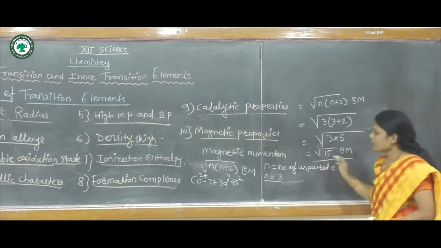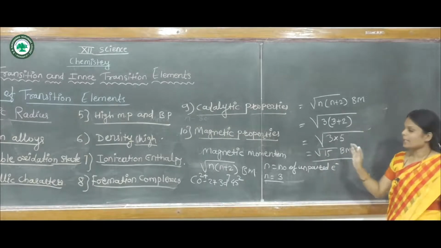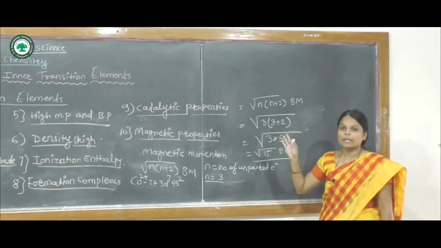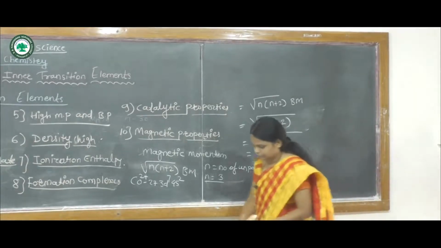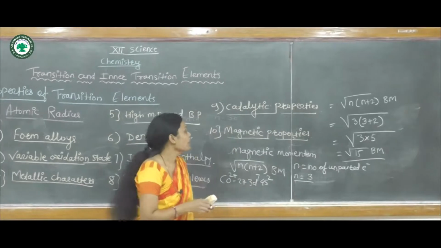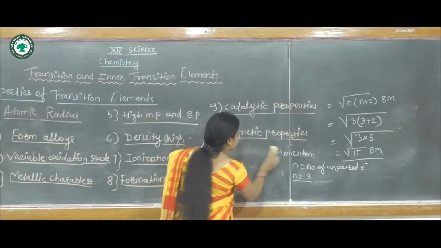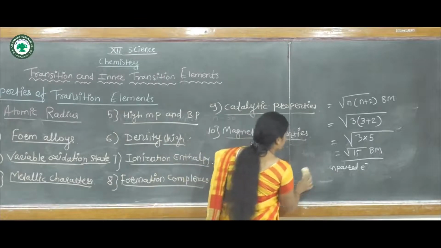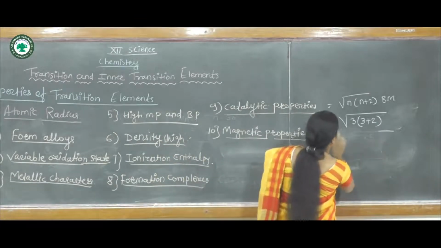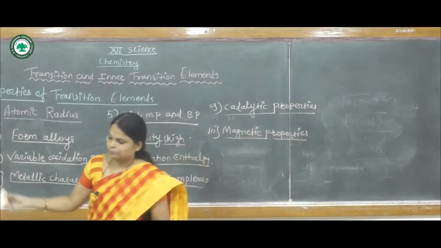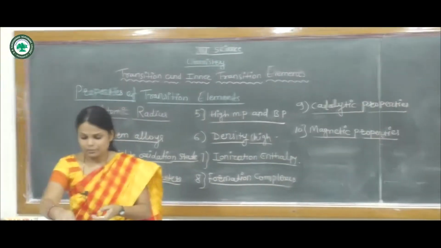It is easy to calculate the magnetic moment of all of these elements in the transition series. These are the magnetic properties. The next property is color.